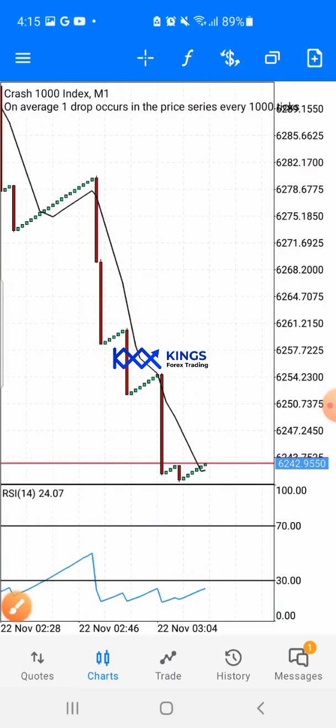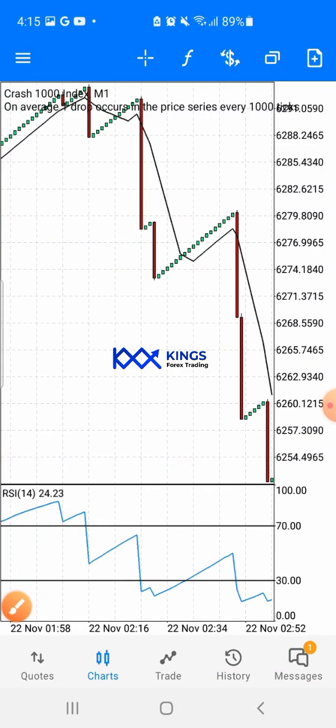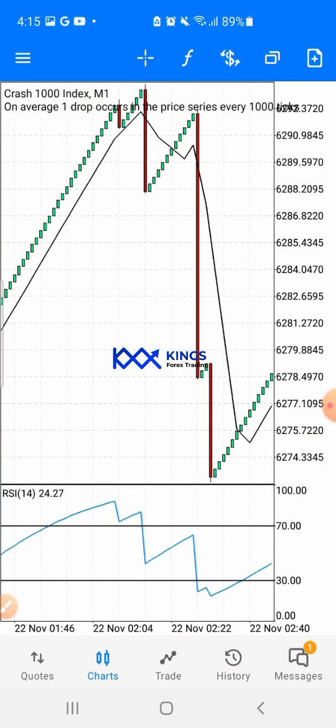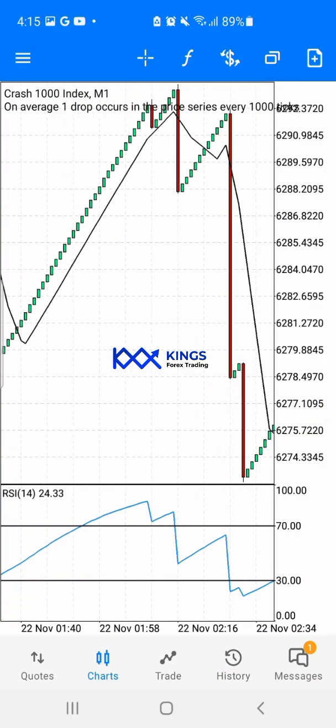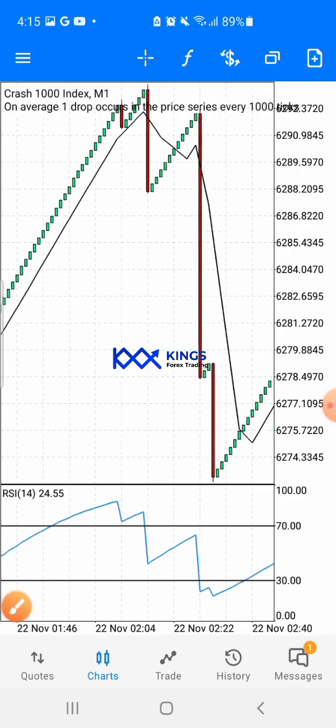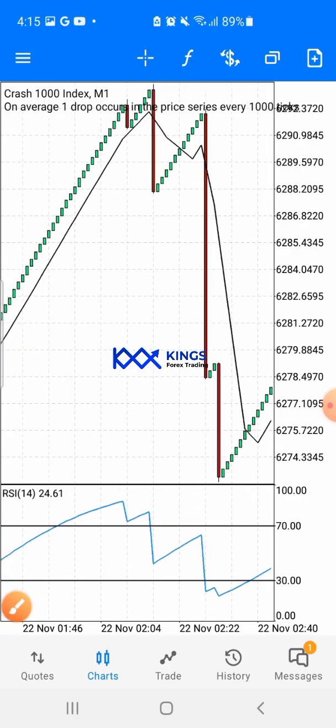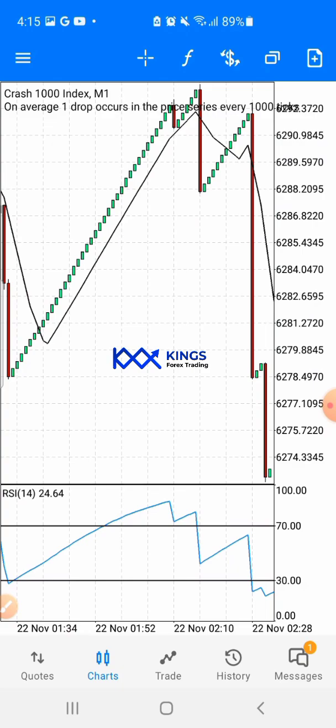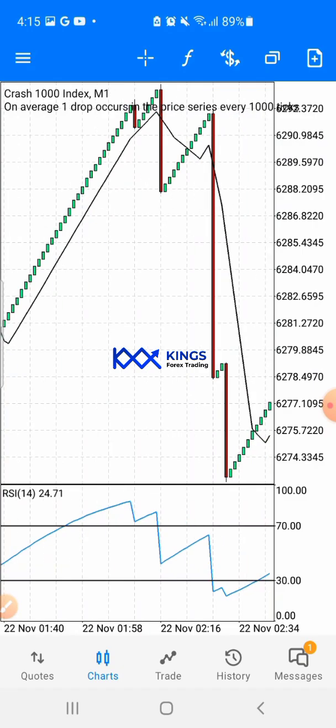And how do you use this particular strategy? First, look at what happened here. Pay close attention to this swing point. You want to see the divergence between the price and our RSI here.